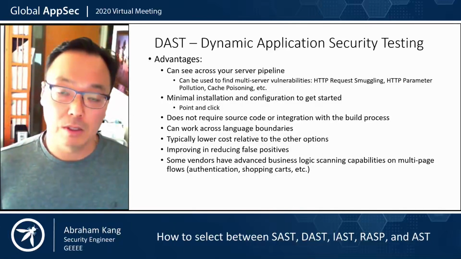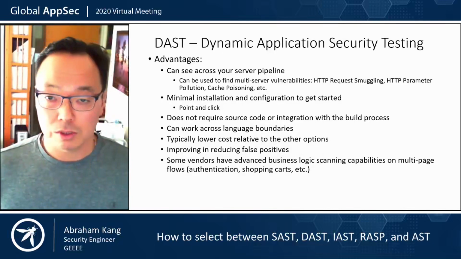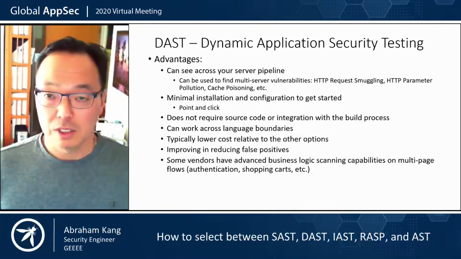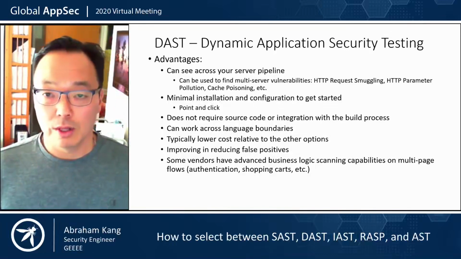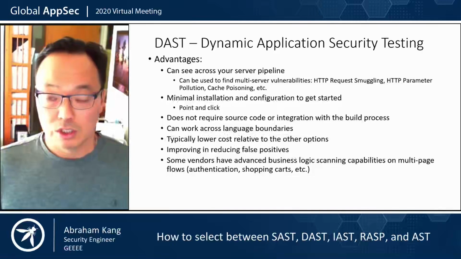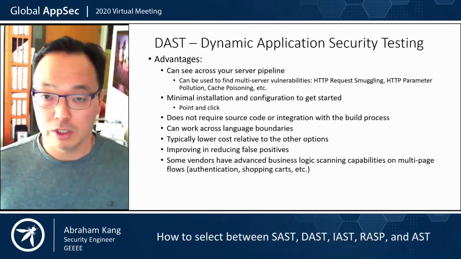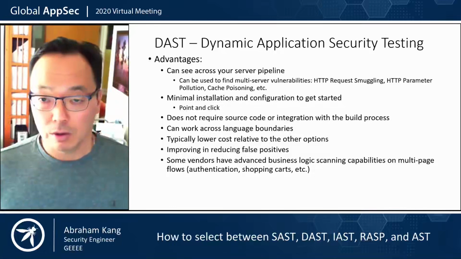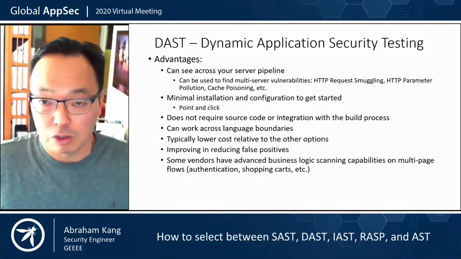And today, modern DAST tools are improving in reducing the number of false positives. In the past, there were a lot of false positives because it was difficult for the tools to differentiate between an error and having a payload that actually triggered the error that it thinks it's triggering.